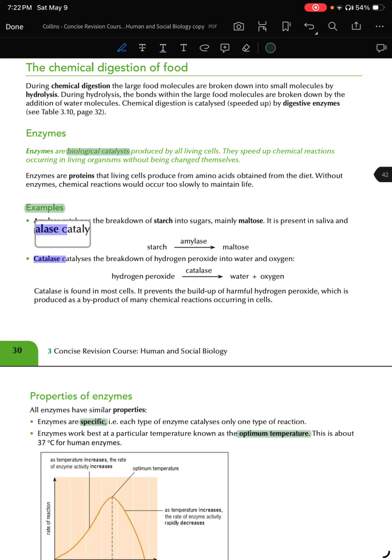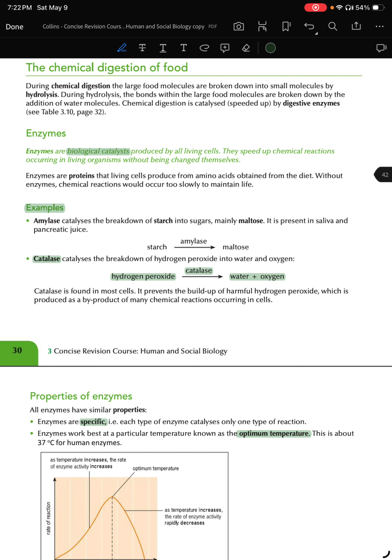These have catalase, and this is an enzyme that breaks down hydrogen peroxide. Now, hydrogen peroxide is a natural byproduct of chemical reactions or your general metabolism in your body. And so your body wants to get rid of it because it's a waste product and it could become toxic. So catalase breaks that down to form water and oxygen.